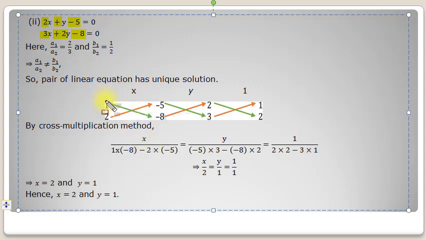x upon 1 into -8, minus 2 into -5, this must be equal to y upon -5 into 3, minus -8 into 2, and then 1 upon 2 into 2, minus 3 into 1.